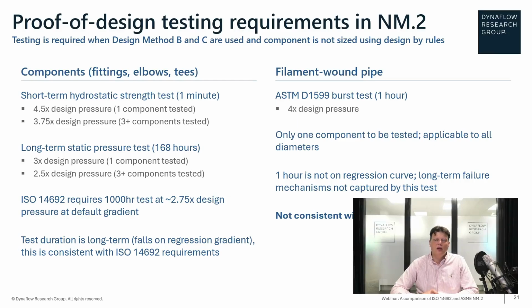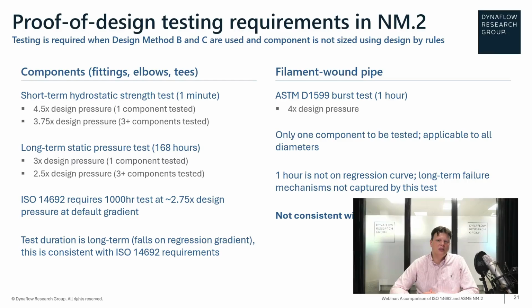Now, for components of fittings, elbows, tees, there's one requirement, and that is to do a short-term hydrostatic strength test for 1 minute, so 4.5 times the design pressure for one component. It drops down to 3.75 times design pressure if there's 3+ components, as well as a long-term static pressure test over 168 hours, which is between 2.5 to 3 times the design pressure.